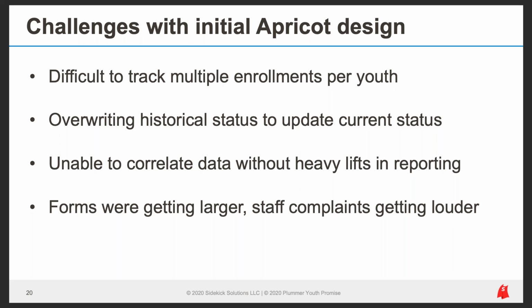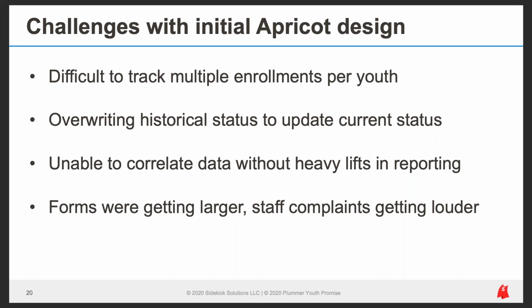But Apricot started to feel like a constraining technology instead of an enabling one. It just wasn't configured properly for our growth, and it was becoming more of a challenge than a helpful tool. Some of those challenges included that we found it really difficult to track multiple enrollments.